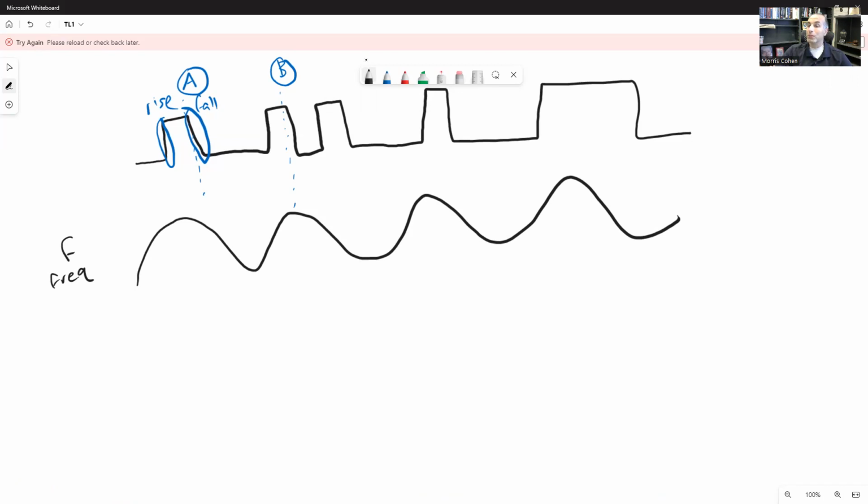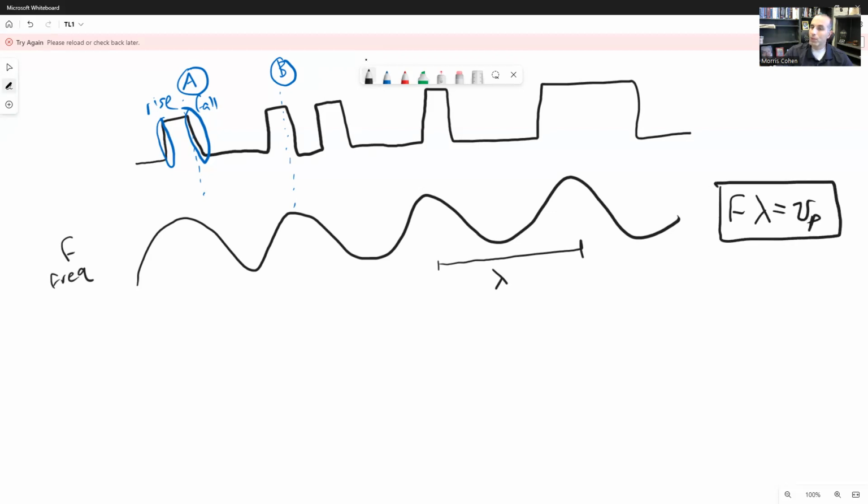If we agree on the frequency in advance, you're also defining the wavelength, the distance between consecutive peaks or consecutive nulls, or the repetition length. We're going to call this wavelength lambda. There's a very clear relationship between frequency and wavelength: if you multiply them, it gives you the propagation velocity. This one is absolutely worth memorizing if you don't already recognize it from earlier courses.